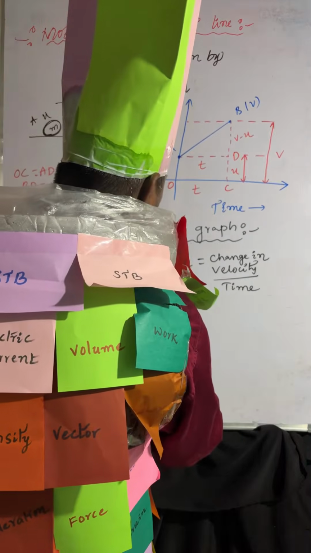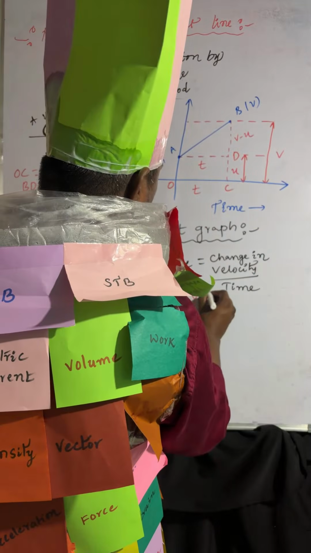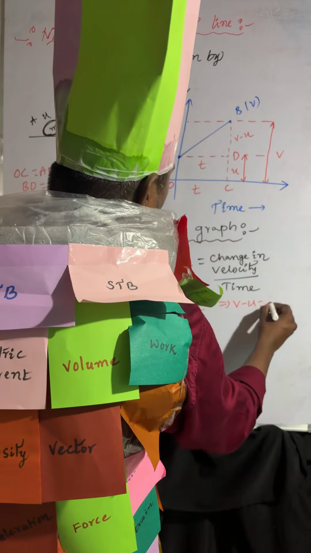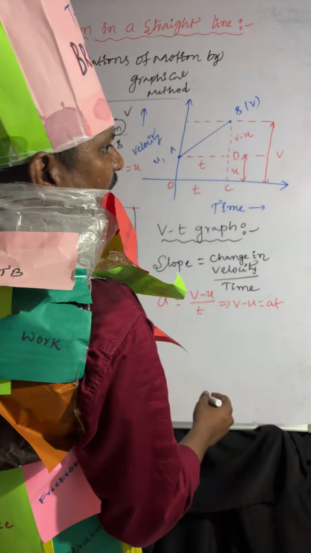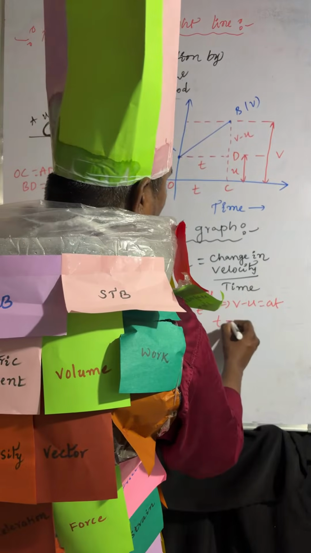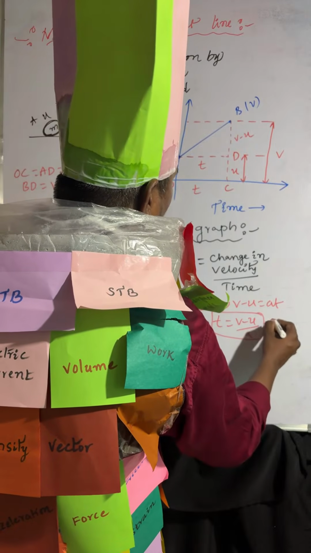Then substitute A equal to change in velocity, which is nothing but V minus U by T. So from this, V minus U equal to A into T. Now we can write T equal to V minus U by A. That is equation 1.